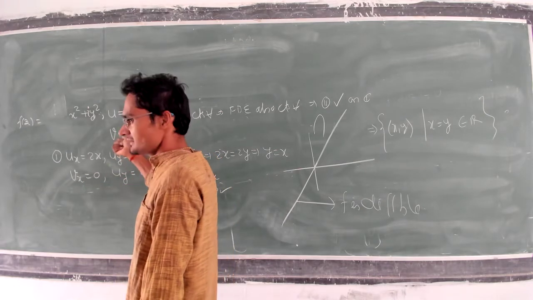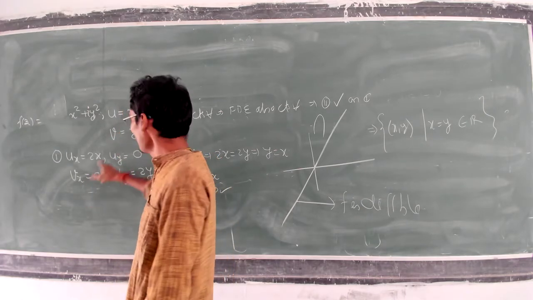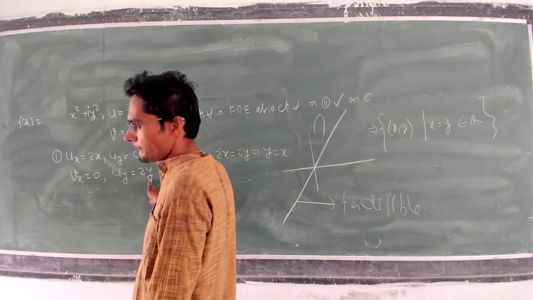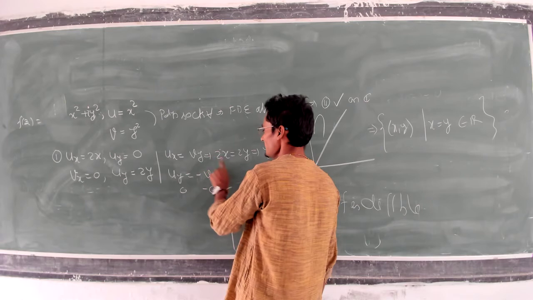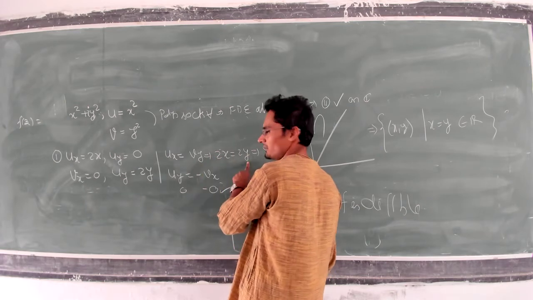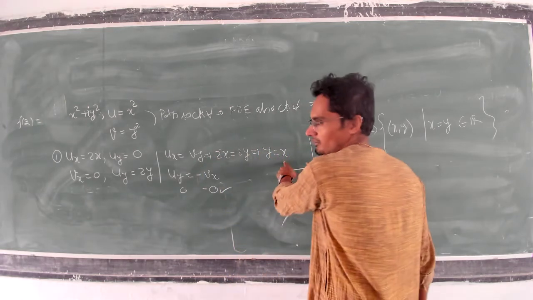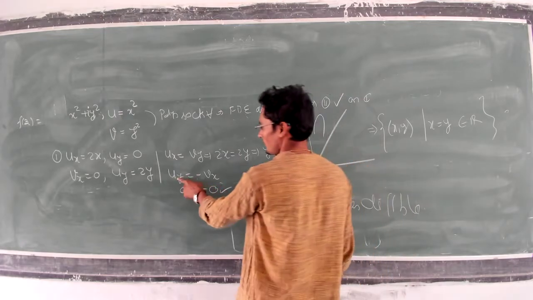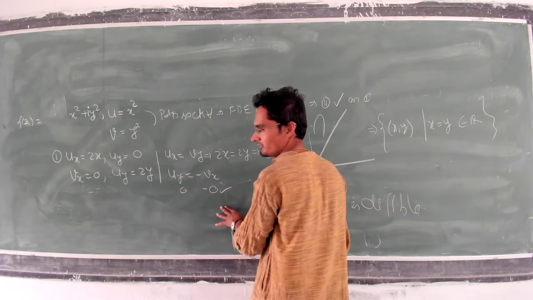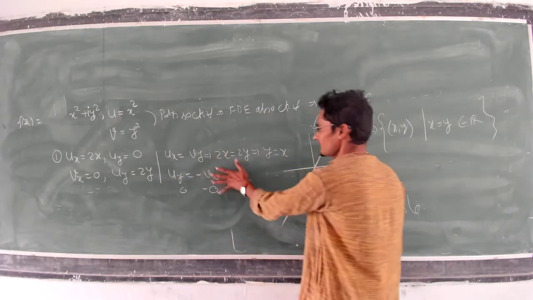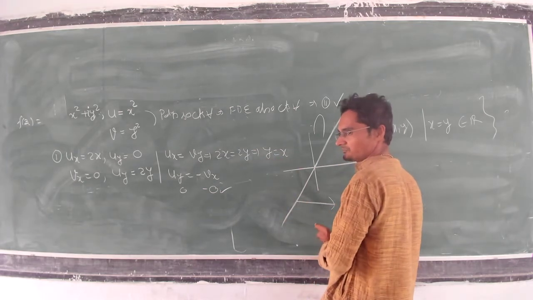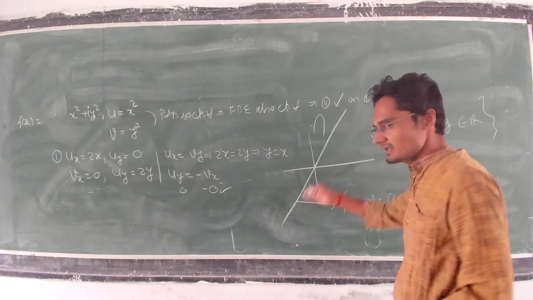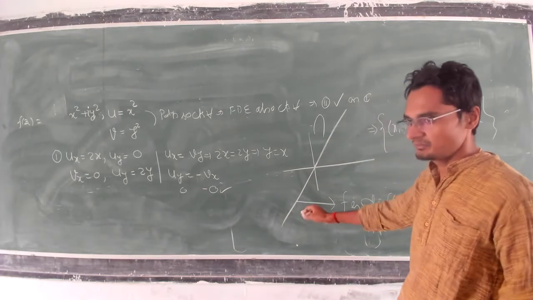Vx, x function is not there, so this will be 0. Y derivative to y. The definition says ux is equal to vy. Ux is given to x, uy is given to y. So y is equal to x. Yes. Another one, uy is equal to minus vx, 0 is equal to 0. So this condition is satisfying. Y is equal to x line only. What is y is equal to x? This is a line passing through the 0, 0.